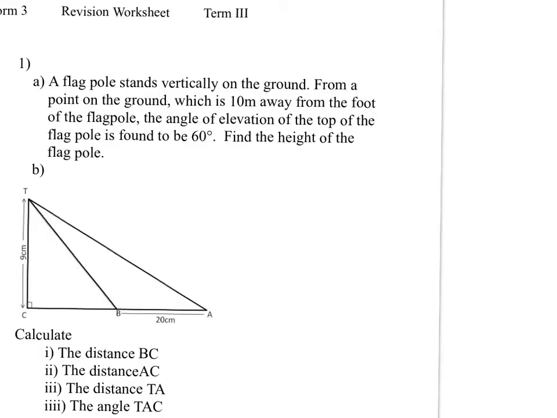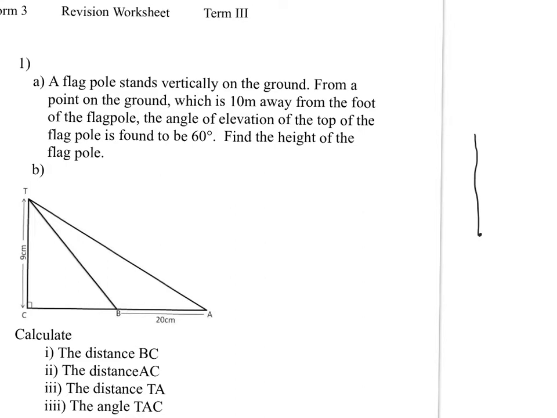Number 1, 1A. We have a flagpole standing vertically on the ground, so we draw this line to represent our flagpole.